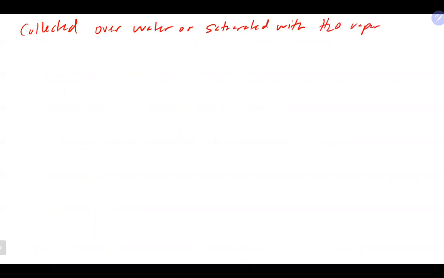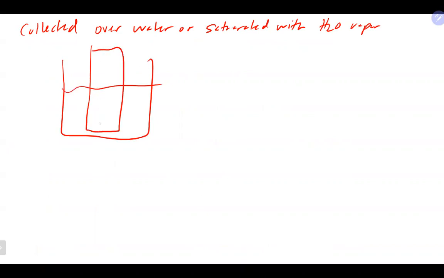So these are two very common ways. Like when you did an experiment with your little magnesium and your HCl came down, and as that reaction occurred, you bubbled up some hydrogen gas.